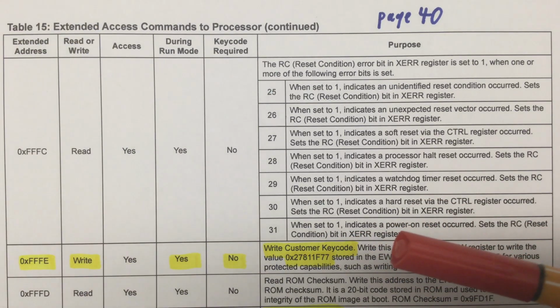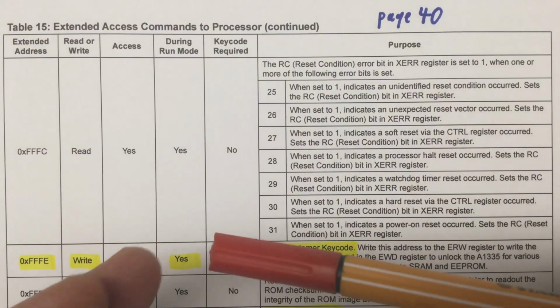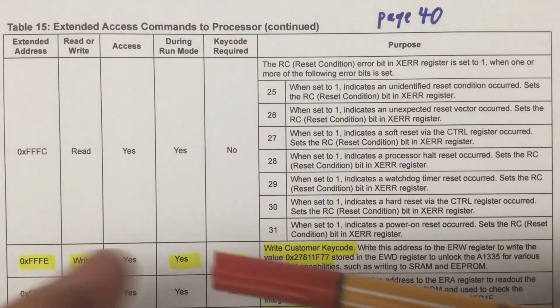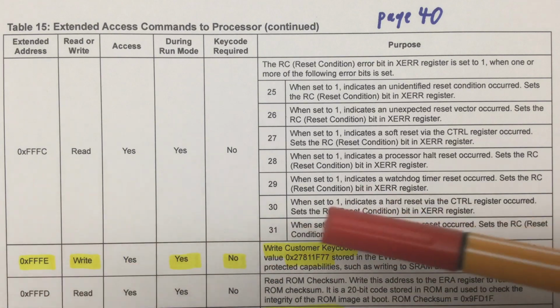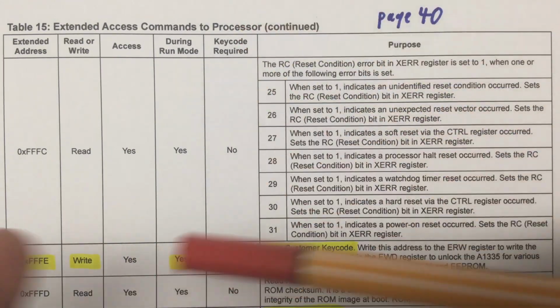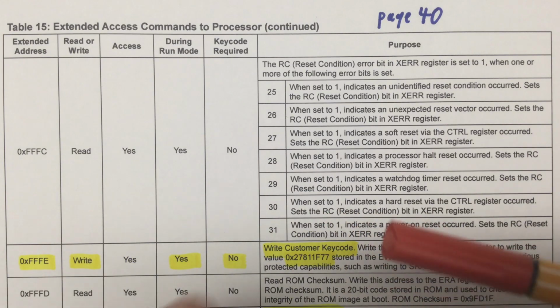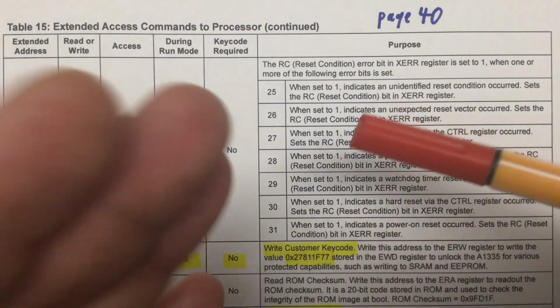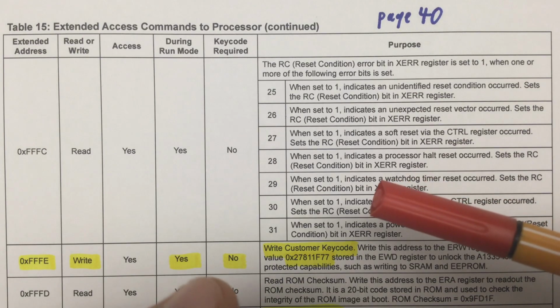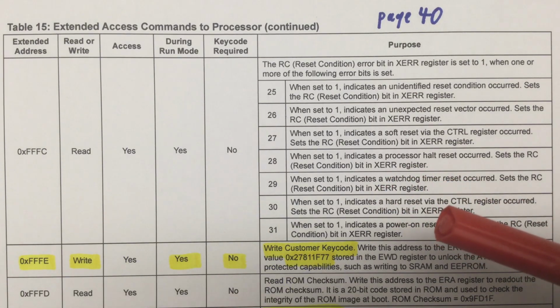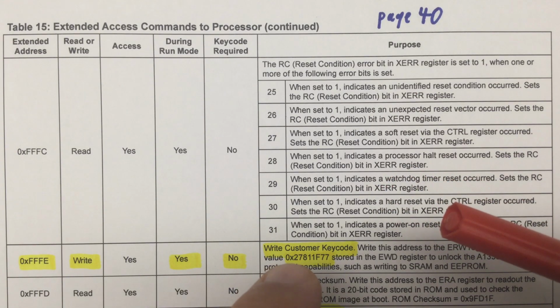Of course, you have access to it, and you can, if you want, write it in run mode. And of course, key code written beforehand is not required to write that key code. The key code itself is, as I mentioned in the previous video, a fixed value, and that's hexadecimal 27811F77.